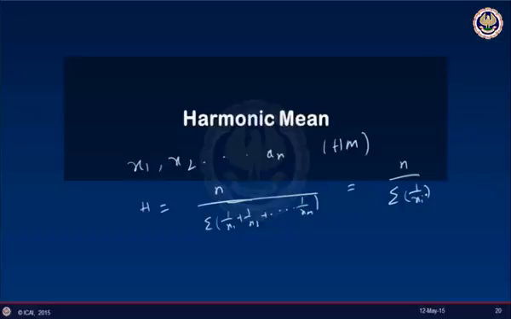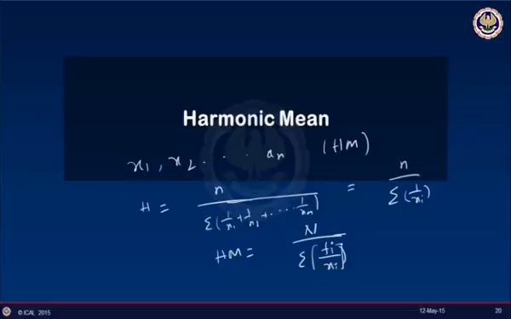Now, for a grouped frequency distribution, harmonic mean can be written as capital N by summation of respective frequencies fi by xi. This is harmonic mean in the case of a grouped frequency distribution.